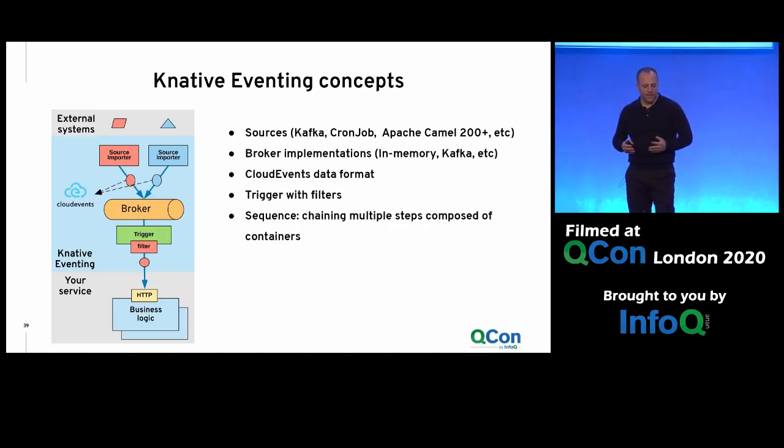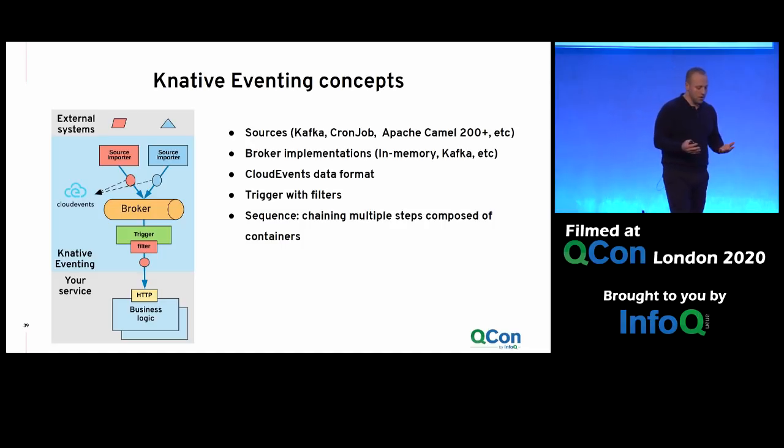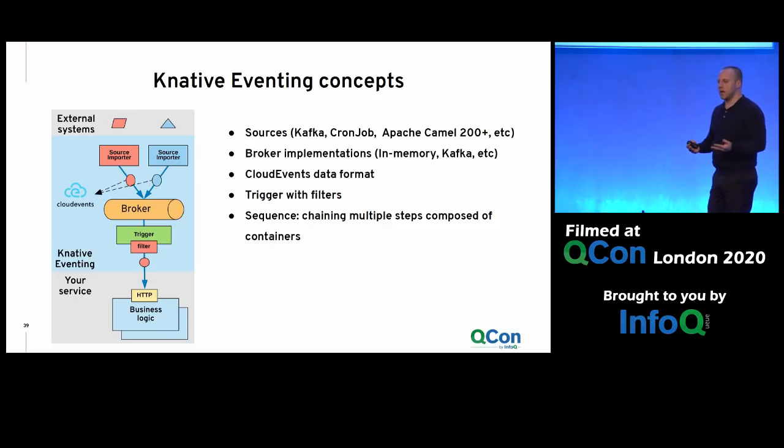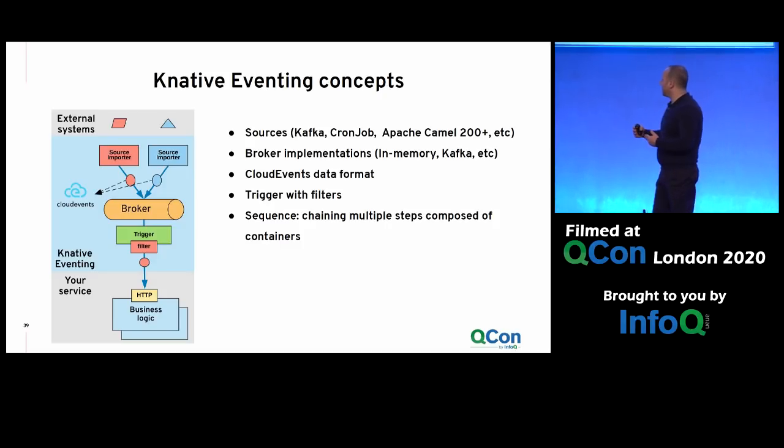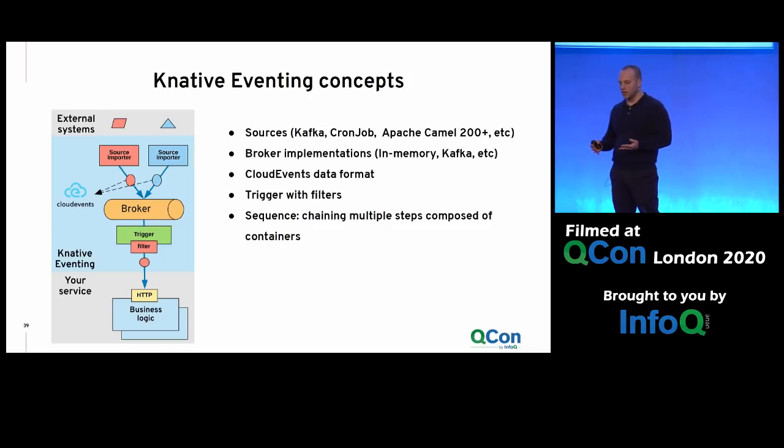With Knative Eventing, we can start a broker that's backed by, let's say, Kafka, or it can be in memory or some kind of cloud service. We can start importers that connect to the external system and import the events into our broker. And those importers can be, for example, based on Apache Camel, which has hundreds of connectors.